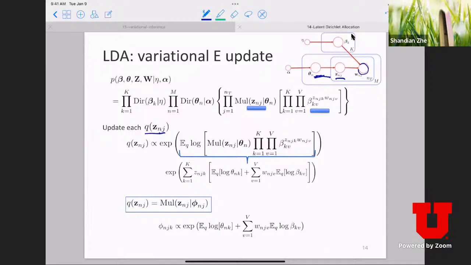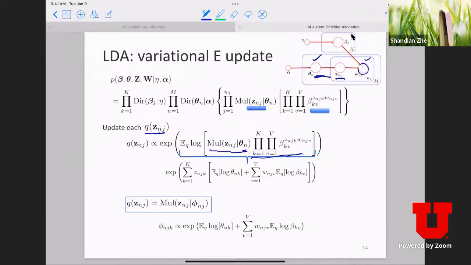So its Markov blanket only includes theta_n and W_nj. When you perform a mean field update, you just need to take the logarithm of the conditional probability of Z_nj given theta_n, and also the likelihood of the sampled W_nj given Z_nj, which is this term. Then you take the logarithm and take the expectation. All the other conditional probabilities can be omitted because they do not contain Z_nj. They are constant with respect to Z_nj. You don't need to care about that.